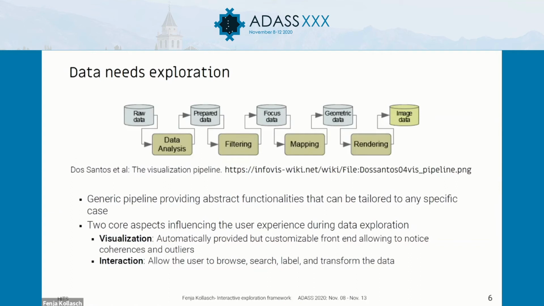And you need to interact with this data. Visualization is where we get to our first issue, because visualization is a very complicated process itself. This is why I displayed the visualization pipeline on top of this. You almost go halfway through your data exploration just by finding an appropriate visualization.